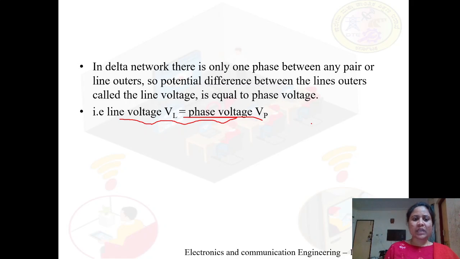I repeat, in a delta connected network, there is only one phase between any pair of the line outers. Therefore, the potential difference between the lines is nothing but the line voltage, which is the same as the phase voltage.